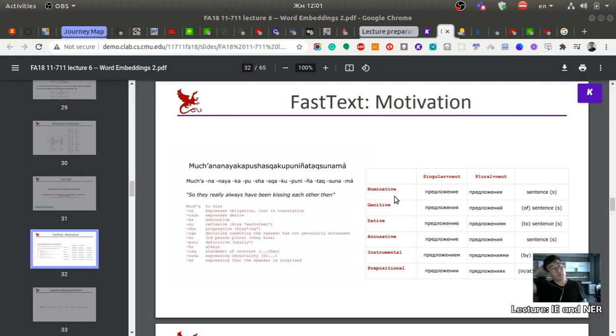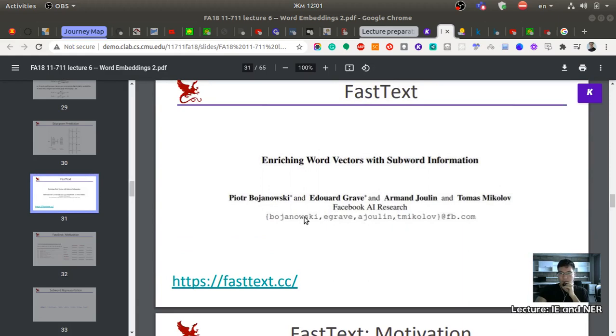And if you do not have a word in the training set, you will not be able to find it. So these people, Bojanowski, Grave, Joulin, Tomas Mikolov, one of the inventors of Word2Vec, proposed enriching word vectors with subword information. So we have word vectors, which was Word2Vec. Subword information is information that is stored inside the word.